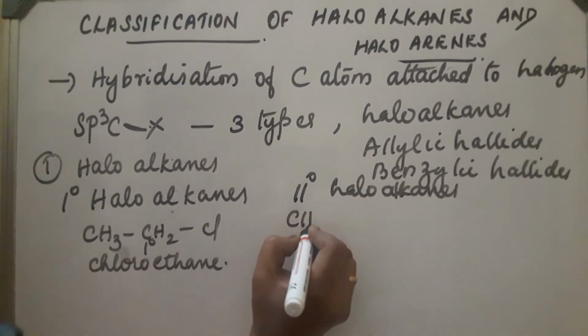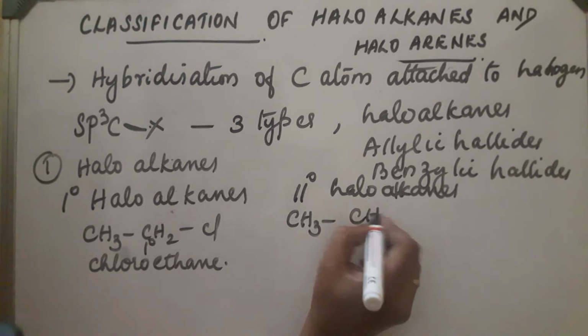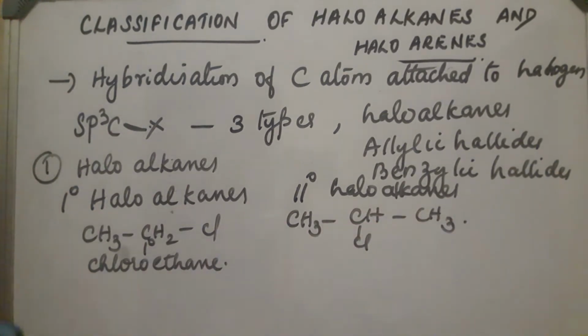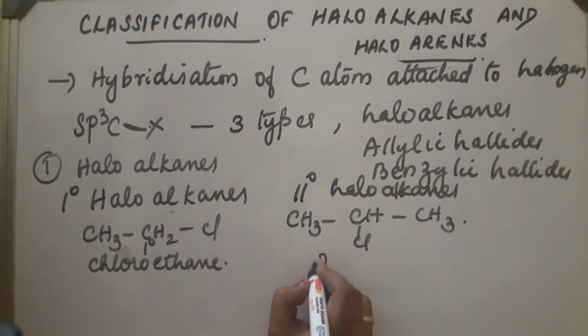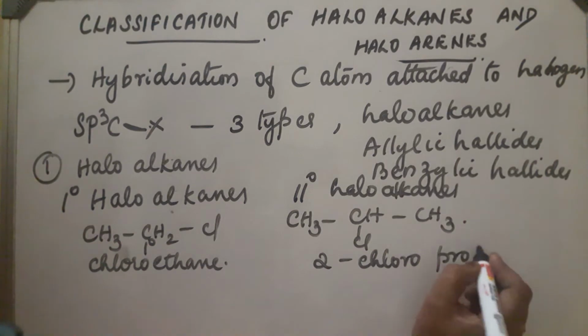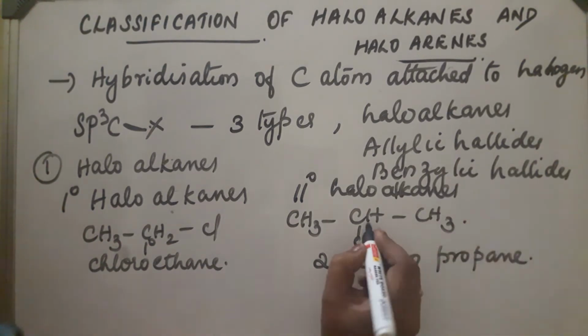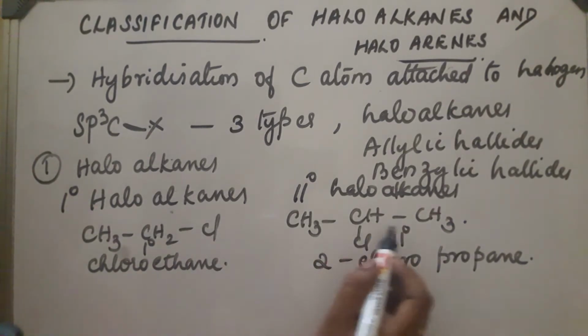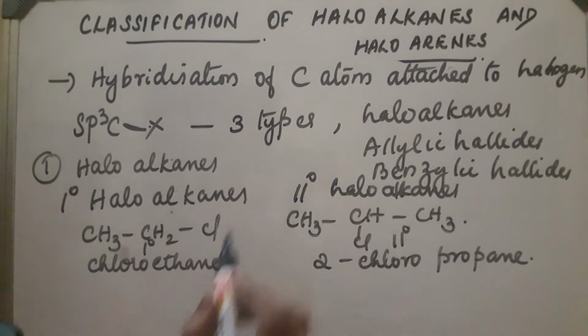Take one example, CH3CHClCH3, which is called 2-chloropropane. Here, this carbon atom is secondary, so this is called a secondary haloalkane, since the chlorine atom is attached to a secondary carbon atom.